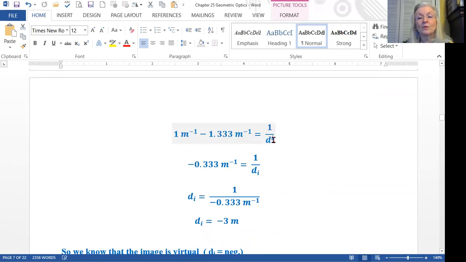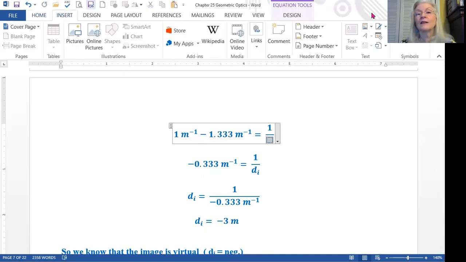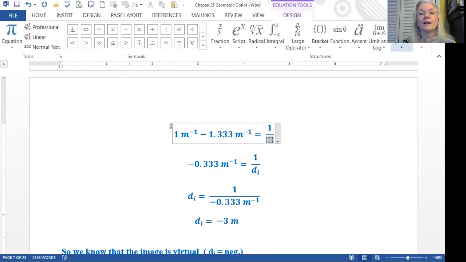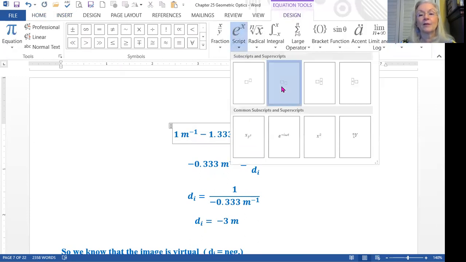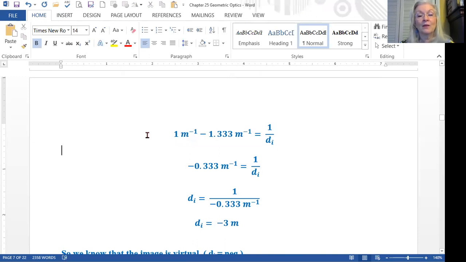Oh, that's the wrong way. It shouldn't be a superscript, it should be a subscript. I apologize. Wrong thing got in. Should be a D and an I, and there we are. Now it's in the right place.